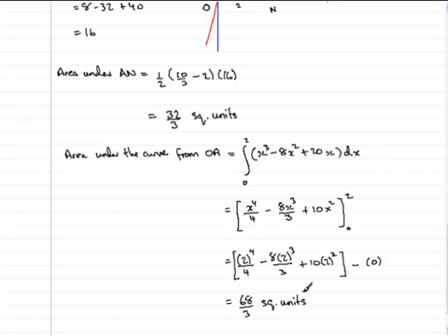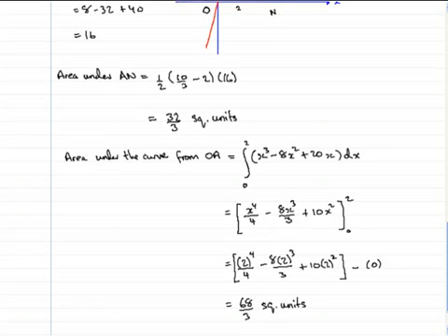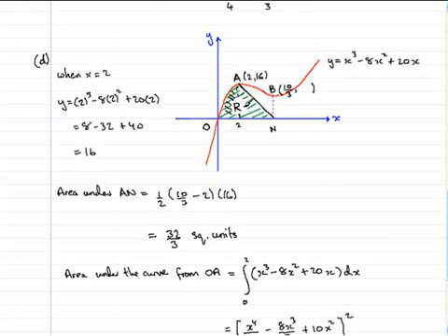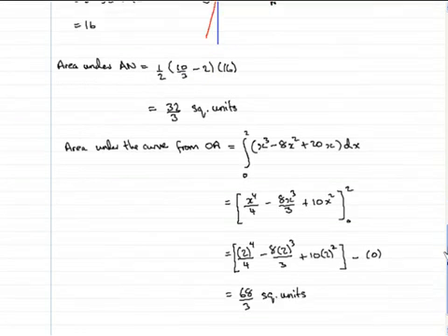All we've got to do now is find the area of R by adding together the answers we got: the area under AN, which was 32 thirds, and our last answer of 68 thirds.